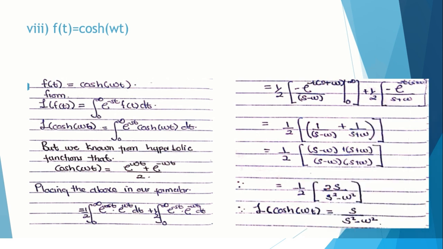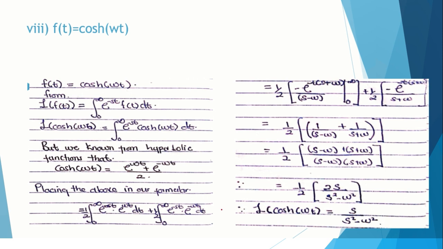Just for this, we have to know that the cos hyperbolic of omega t is equal to the exponent omega t, but plus, it's not a minus, it's supposed to be a plus, exponent minus omega t. So we patch the whole of this into the Laplace definition. Where there is cos hyperbolic omega t, we place in this.